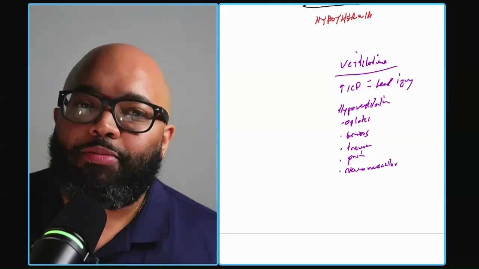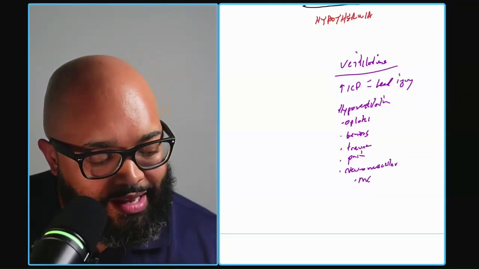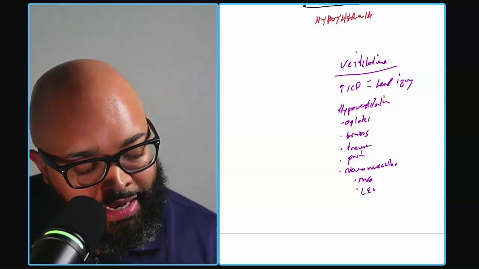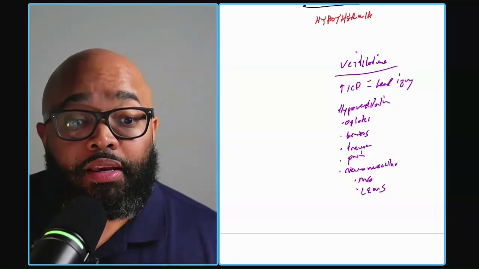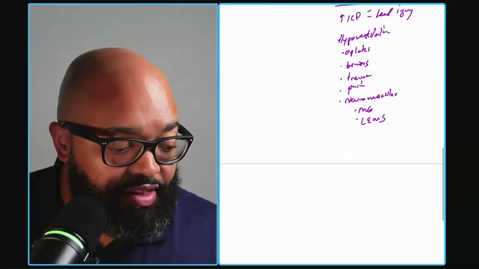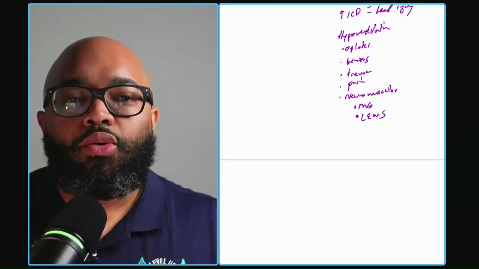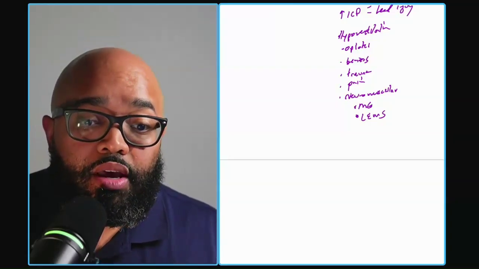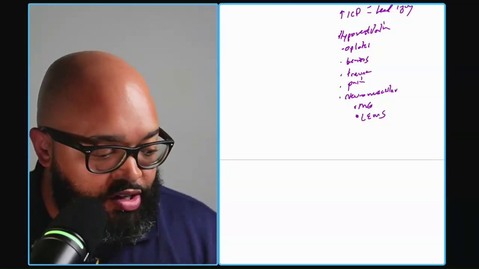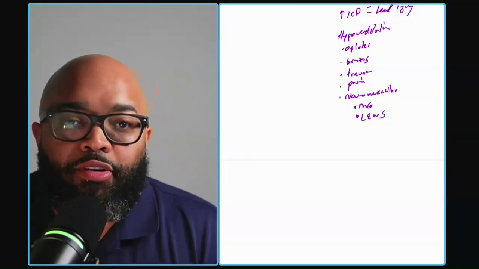What are some examples of that? Well, myasthenia gravis, Lambert-Eaton myasthenic syndrome, lots of things. There's a whole list of neuromuscular disorders, but any neuromuscular disorder could cause hypoventilation.